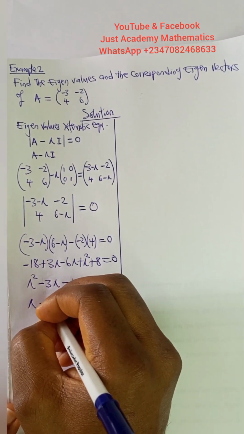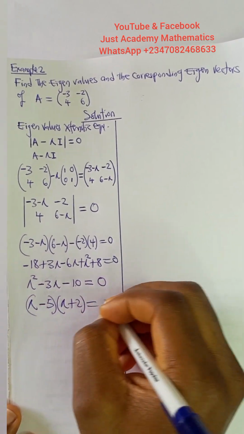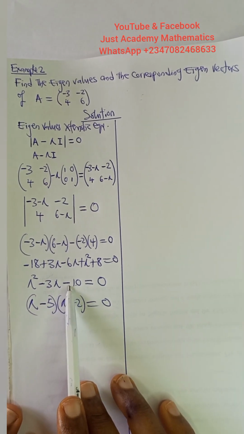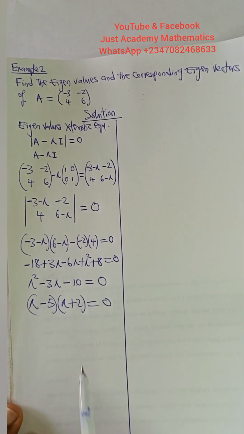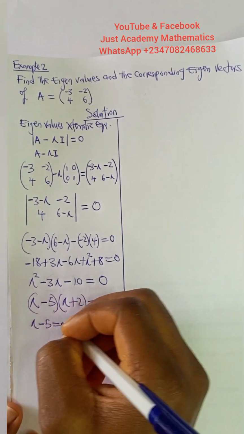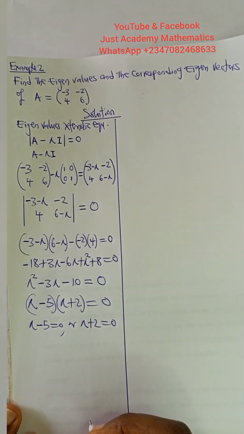So we replace this now. Lambda minus 5, then lambda plus 2 equals to 0. The expansion of this bracket gives you this. This is just quadratic equation now. So from here, you know that lambda minus 5 is equals to 0, or lambda plus 2 is equals to 0.